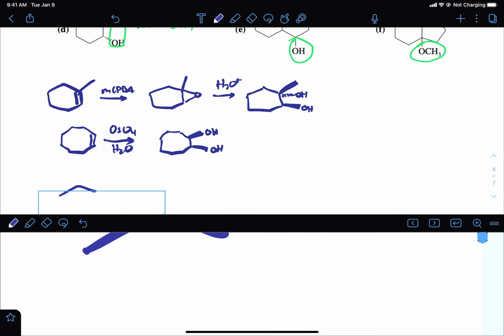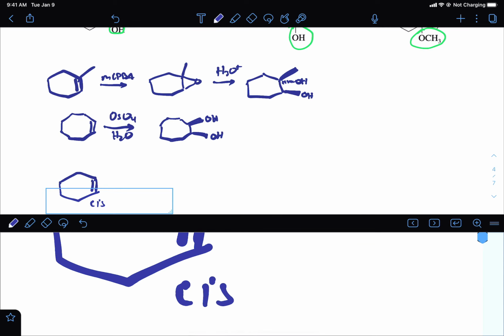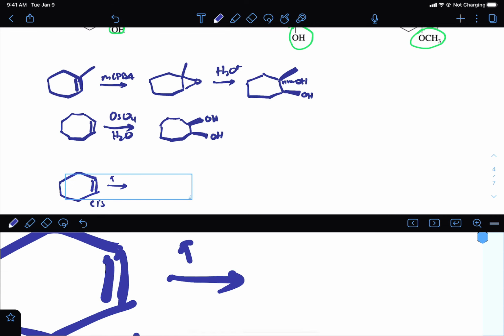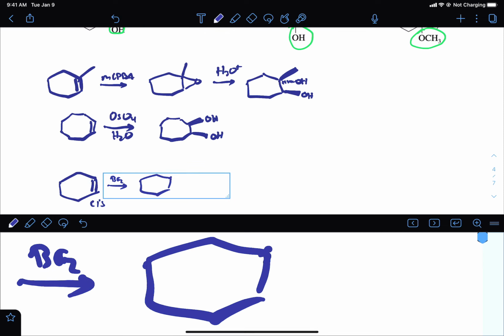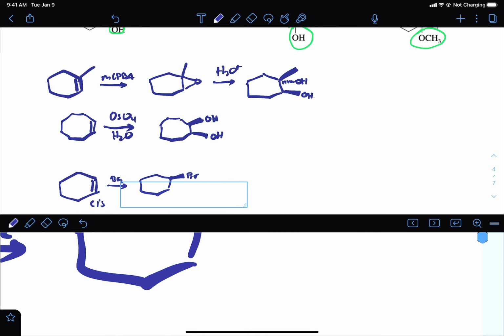If you have a cis double bond, and you use Br2, just Br2, you will get the anti-bromines.